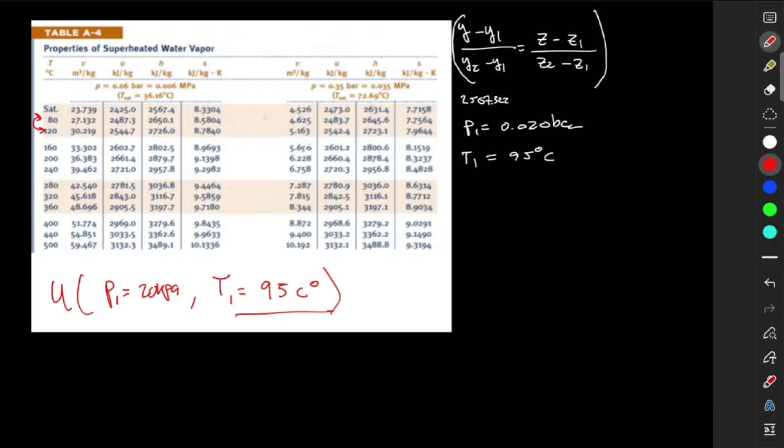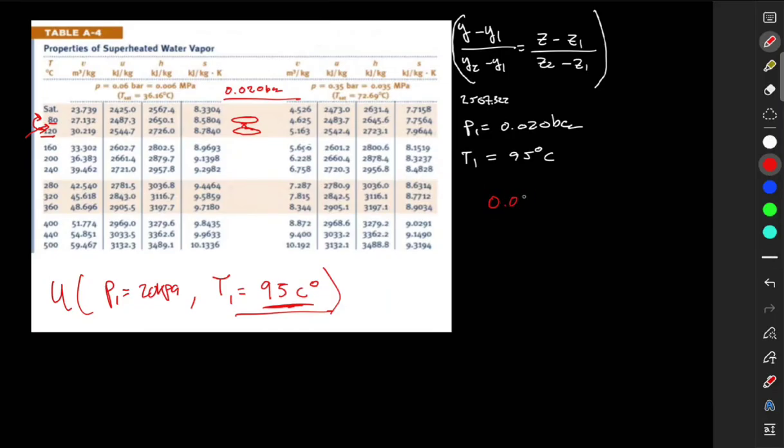So we have pressure 20, and we need the internal energy at this temperature for this pressure, and at 120 we need another one, and we already have the pressure, but we need to find this internal energy with the 95 that they give us already. So this is our goal.